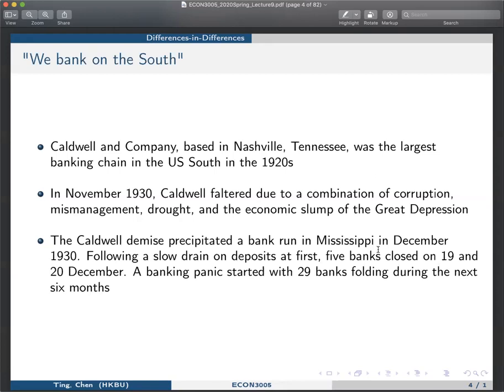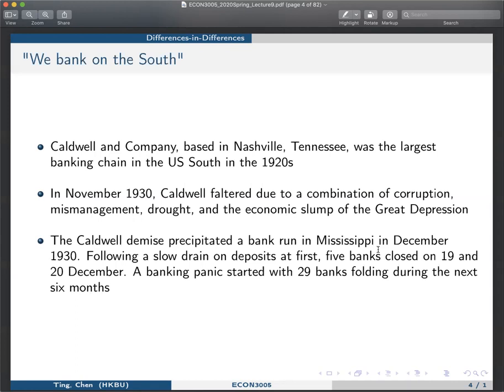And in the 20s, when we faced this Great Depression, there was a bank in the South of the U.S. called Caldwell and Company, actually based in Nashville in Tennessee, and it was the largest banking chain in the South at that time. Their slogan was, we bank on the South.